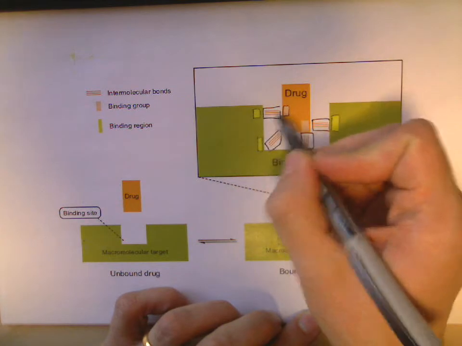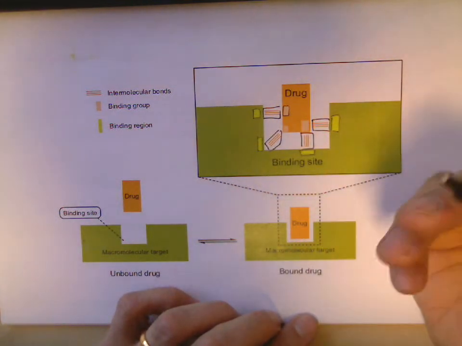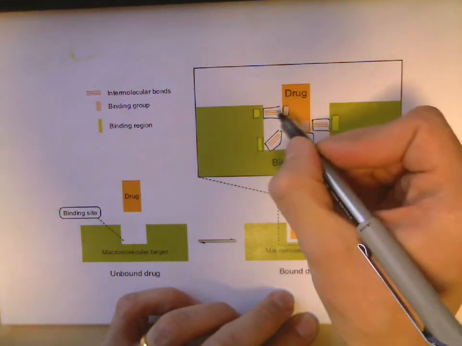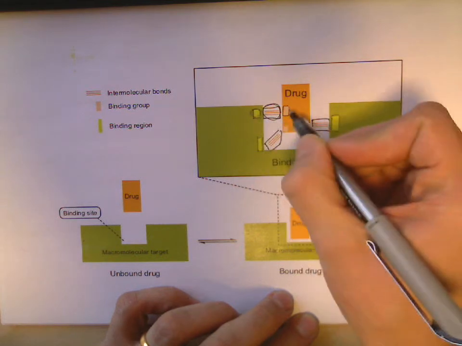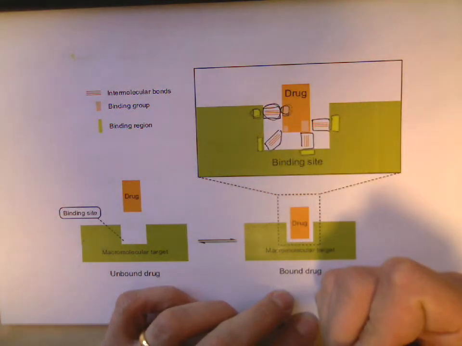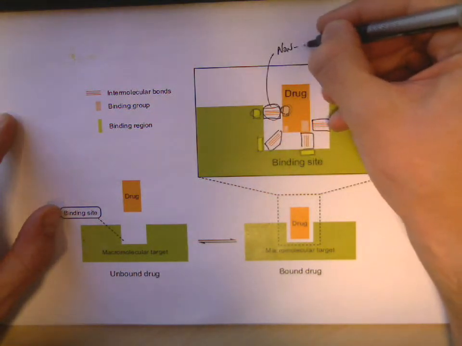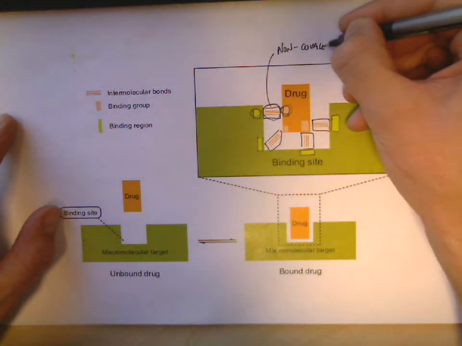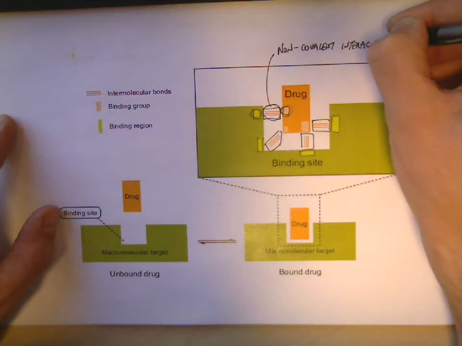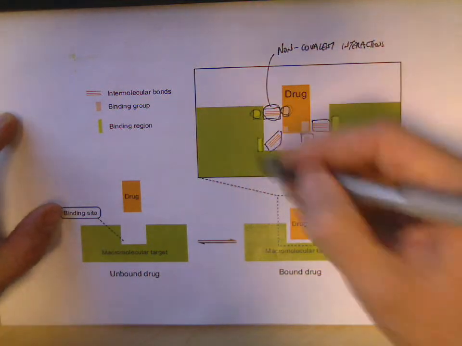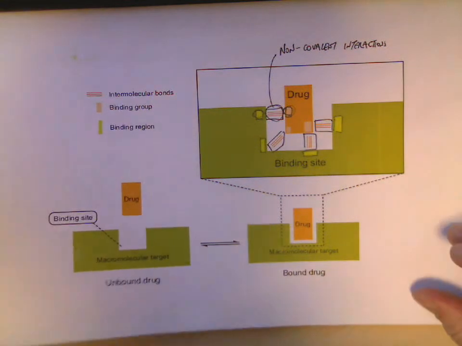If these are opposite in their complementarity, then they will repel each other and the drug won't bind as well. So really, we're going to be looking at what is the interaction between this binding site region and this functional group on the drug. And these are your non-covalent interactions. Now obviously some functional groups cause covalent inhibition of protein, but we're not going to be talking about that today.